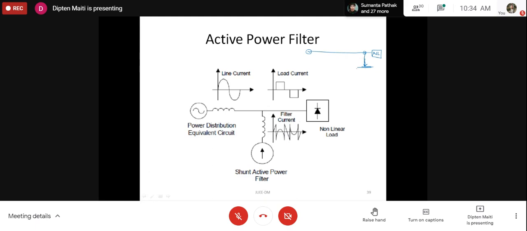And here for the sake of simplicity, I am showing the whole thing. Let's say this block is for control and monitoring.